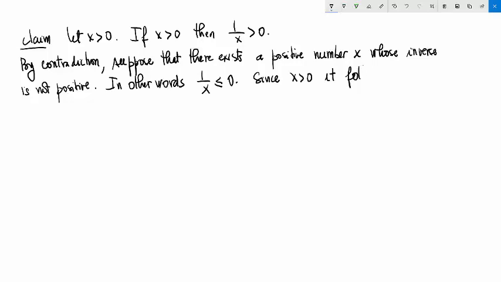it follows that 1 over x times x is less than or equal to 0 times x, right?